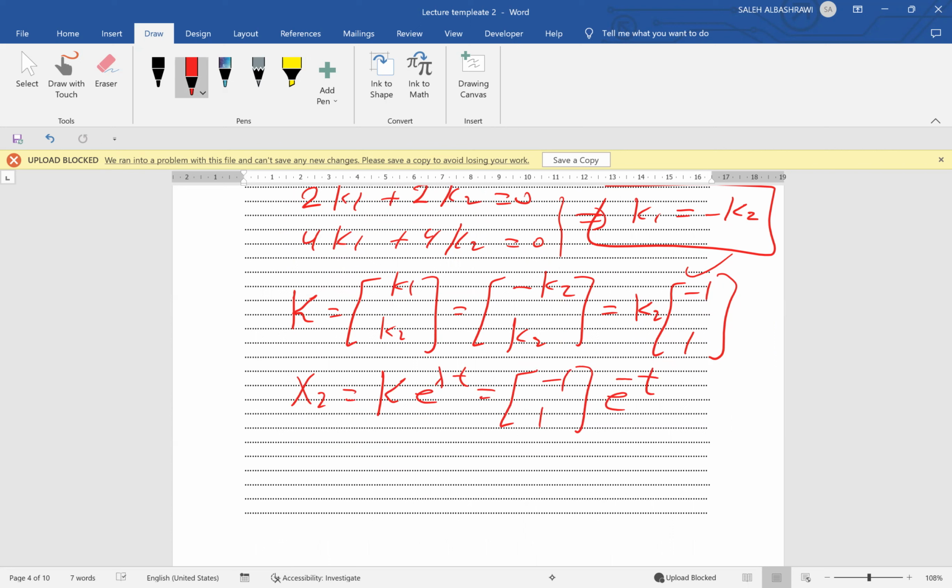And the general solution is x equal to c0 x1 plus c1 x2.